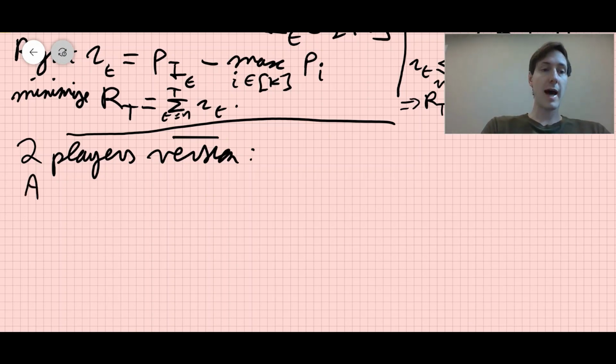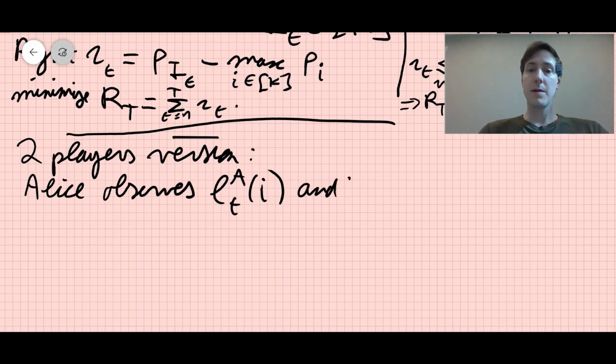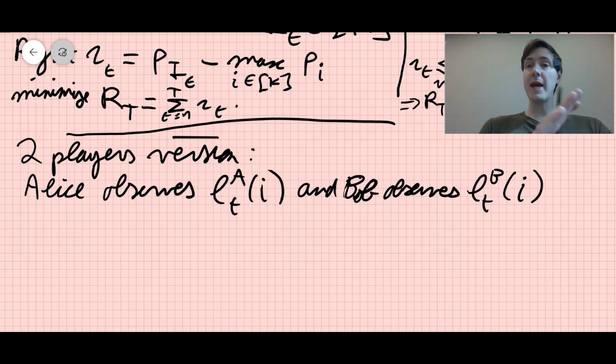So Alice observes, let's say, L_t^{A,i}, and Bob observes L_t^{B,i}. So these are IIDs. The Pi have the same value for both players, but they just observe independent realizations.